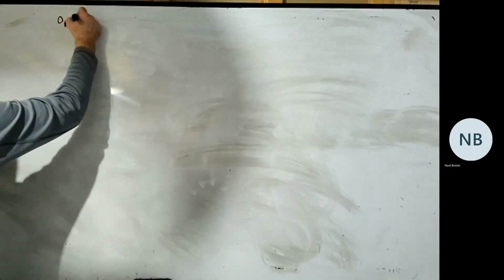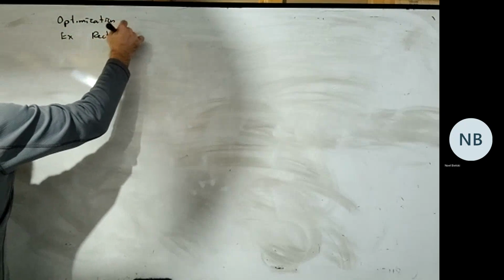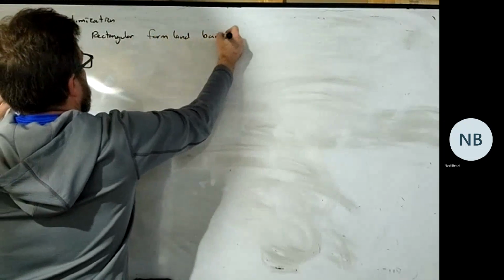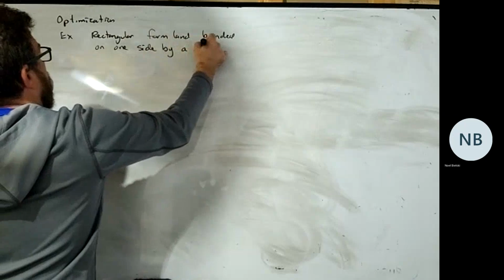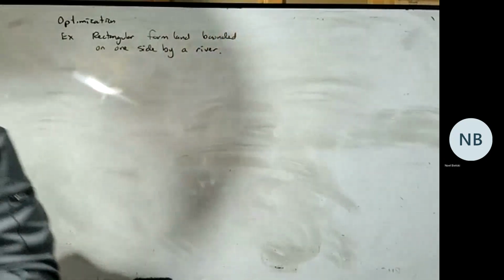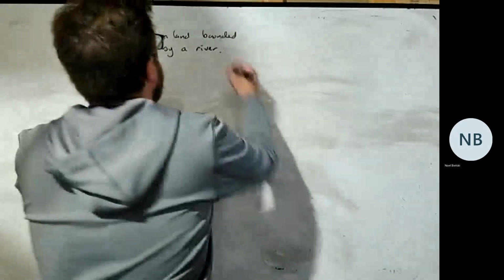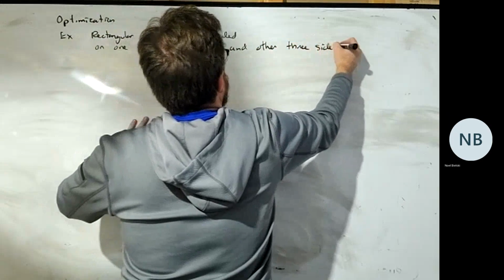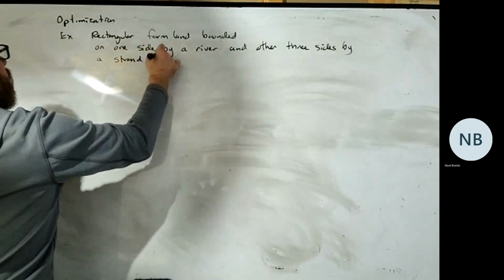So, optimization example: a rectangular farmland bounded on one side by a river, and the other three sides by a single strand of electrical fence.